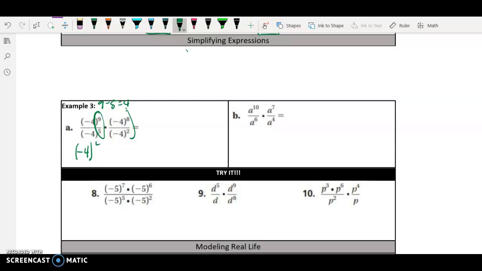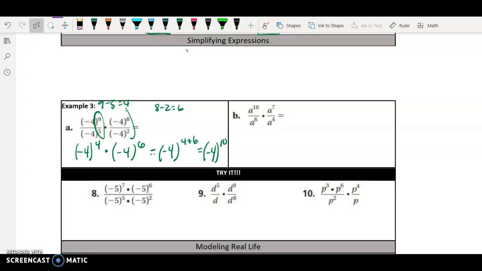So I have -4 to the 4th power times, I'm going to keep my -4, and then 8 minus 2 equals 6, so the 6th power. And then now I can add my exponents, so I have 4 plus 6, which equals -4 to the 10th power.